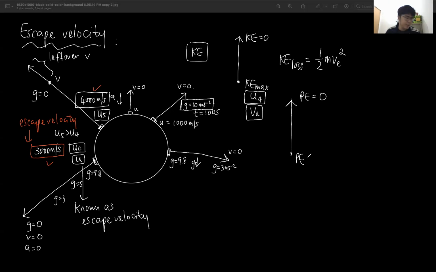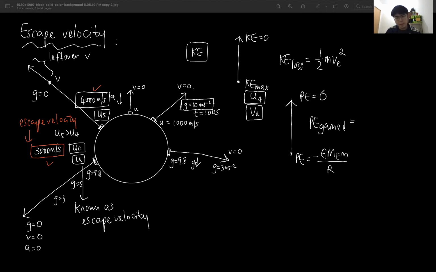At the ground it is negative G m M_E, M Earth, over R. So at the ground, your PE is a negative value. But when you go up there, at the infinity point, it is 0. Because you're going from negative to 0, you are gaining PE. So how much is the PE gain?